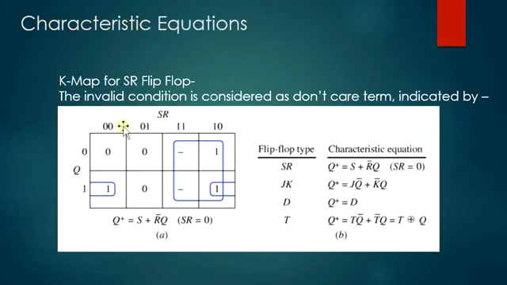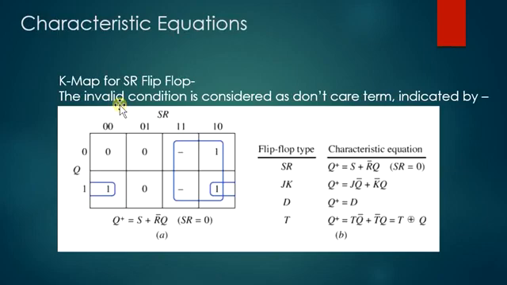So I have plotted Q here, S and R here, and S and R are having various combinations 0 0, 0 1, 1 0, 1 1. As we recall, S and R combination equal to 1 1 will yield us an invalid condition, that is, both Q and Q bar will be equal to 0.